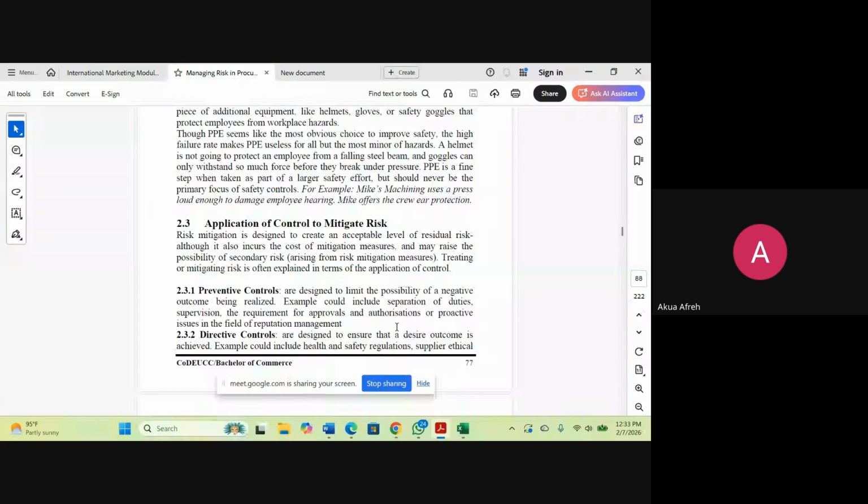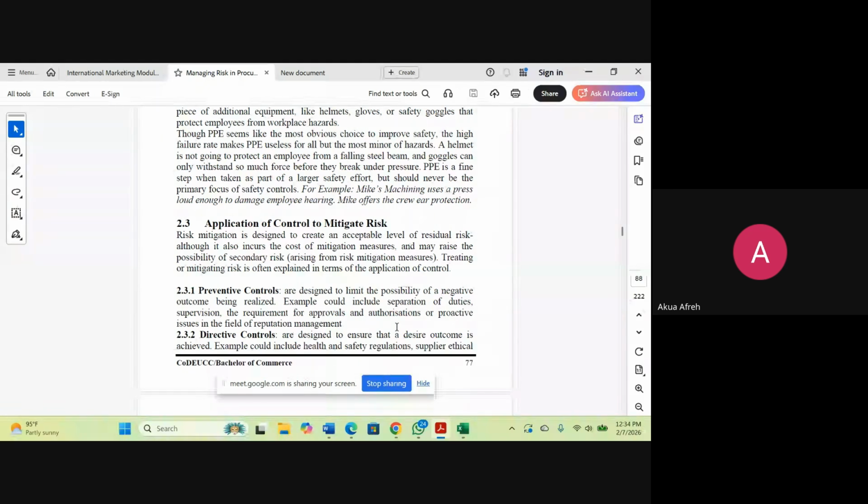You say they fall under the directive controls because they've put in place some regulations that organizations need to follow. Organizations need to follow some standards that need to be met. So if those controls are put in place, then we are doing what we call the directive control to mitigate any form of risk. These controls try to guide our performance within an organization.